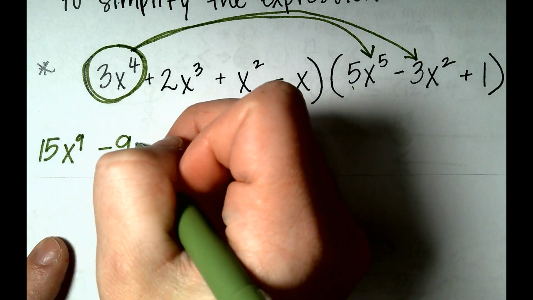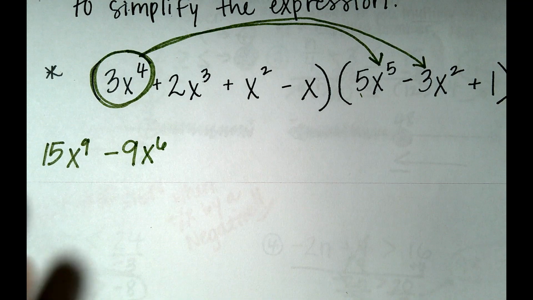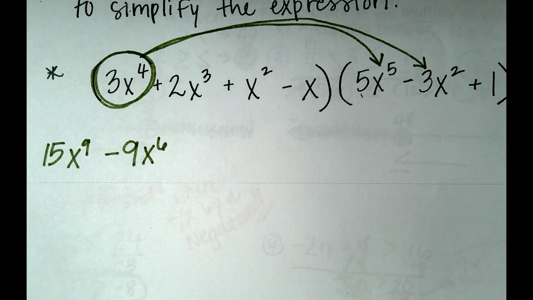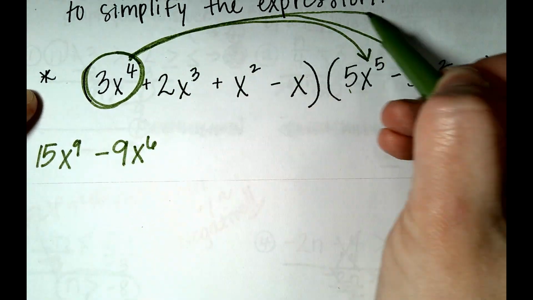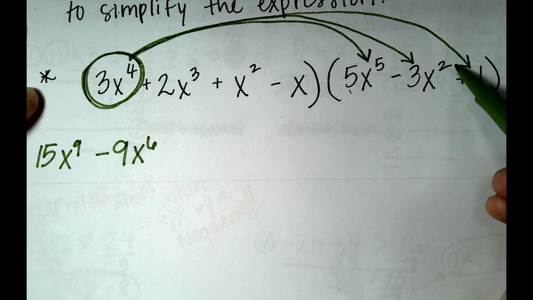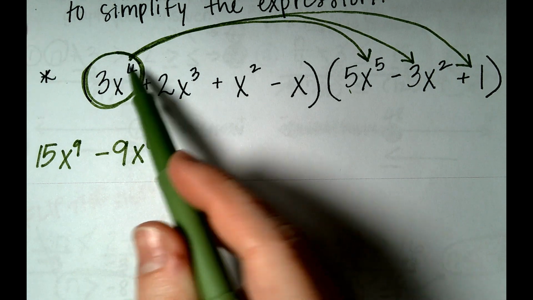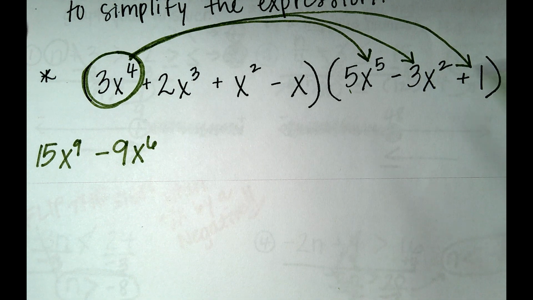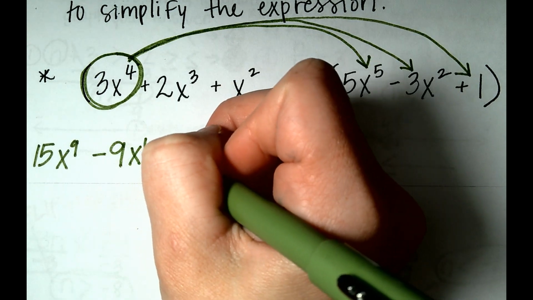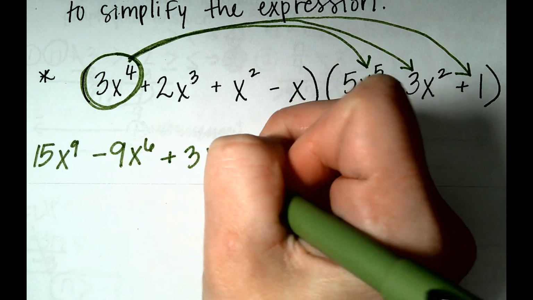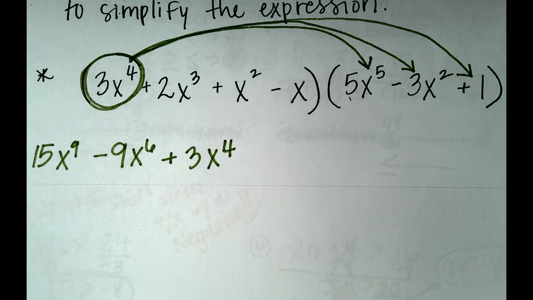X to the 6th. We're just adding 4 plus 2 is 6. Okay, now we're going to do the last term on that second one. 3x to the 4th times 1. 3x to the 4th. Plus 3x to the 4th. Okay. So we've done that.